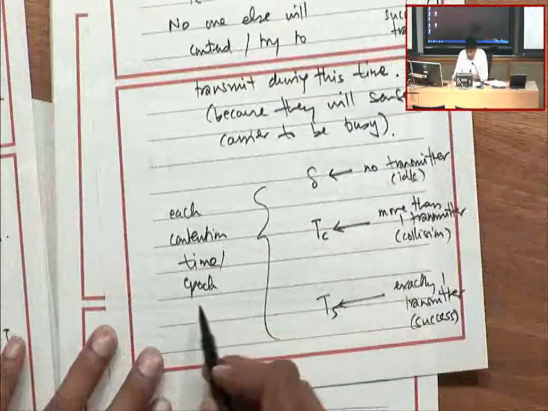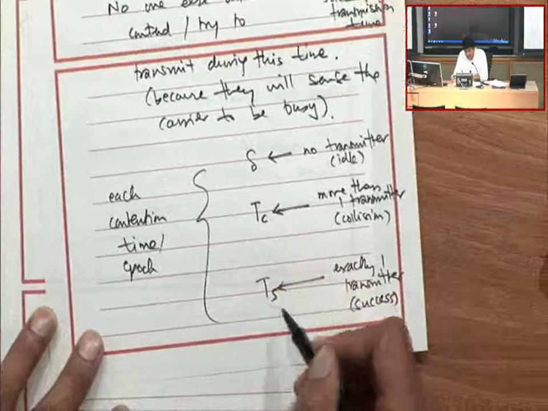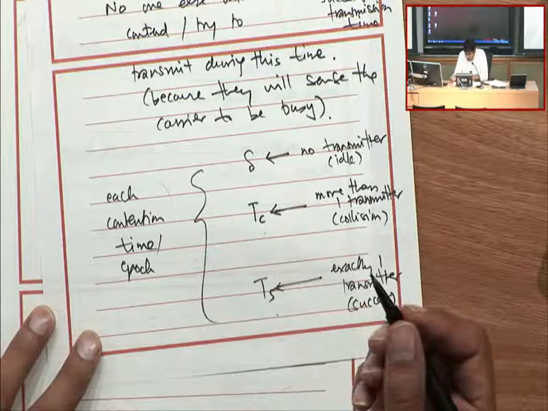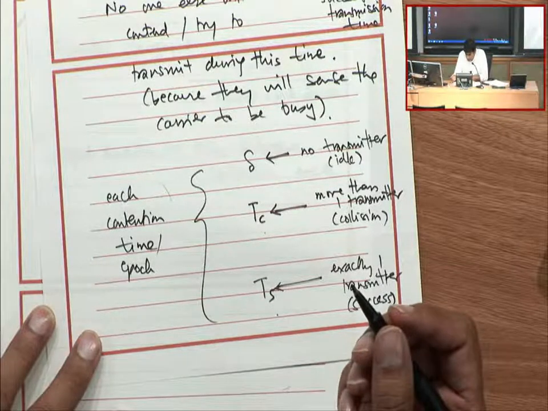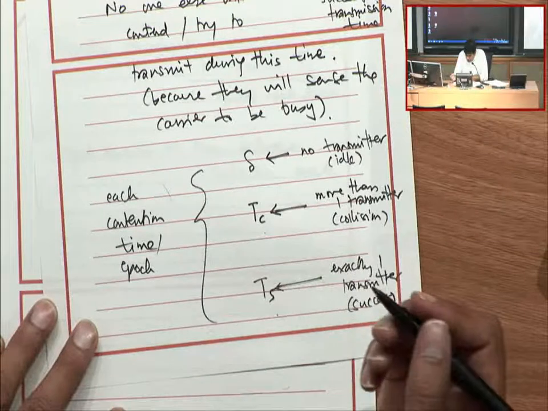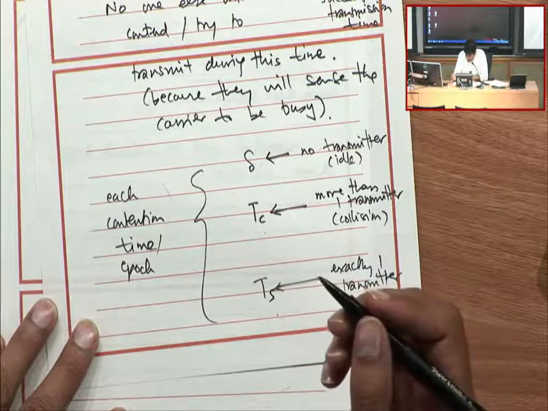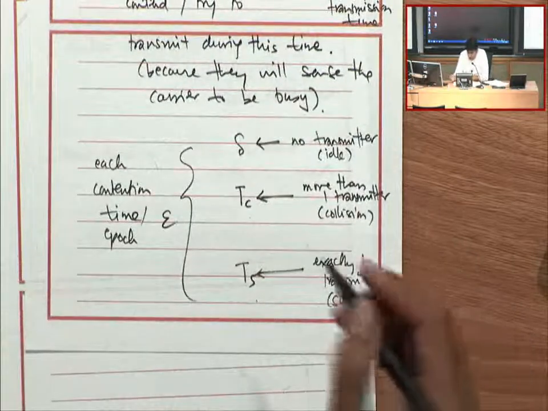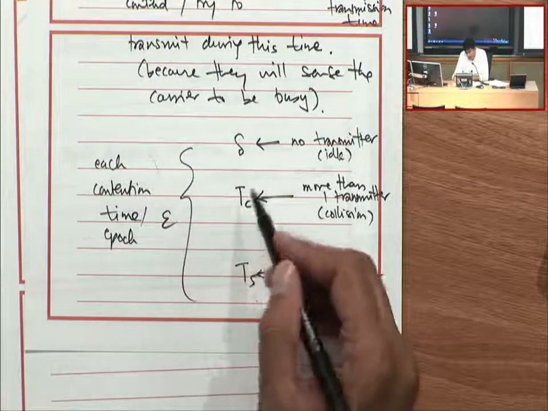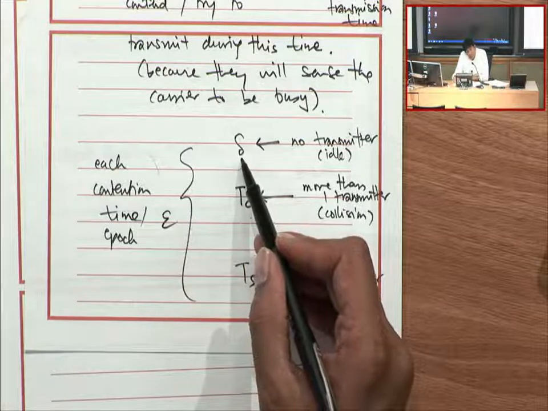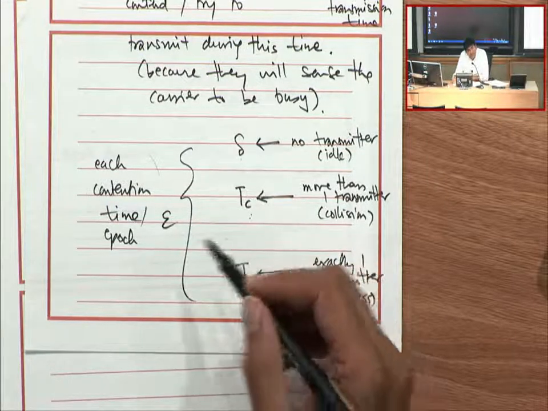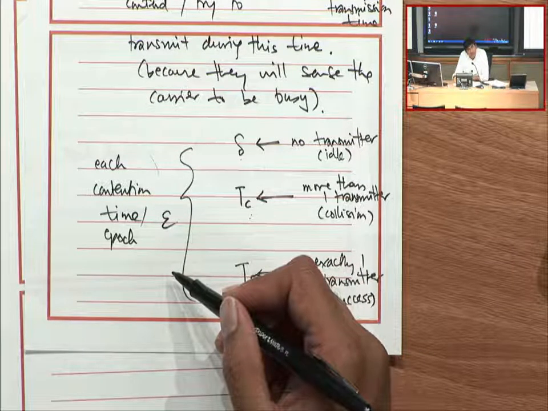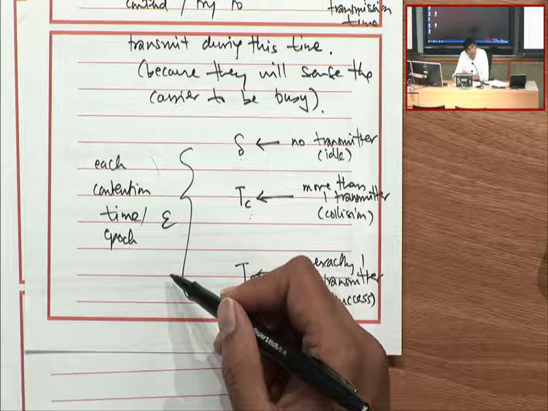Each contention time or epoch lasts either delta or TC or TS. So this epoch duration, let's just call it E. This epoch duration E is not always delta, it's not always TC, it's not always TS. What type of variable is it? Is it a deterministic variable or a random variable?